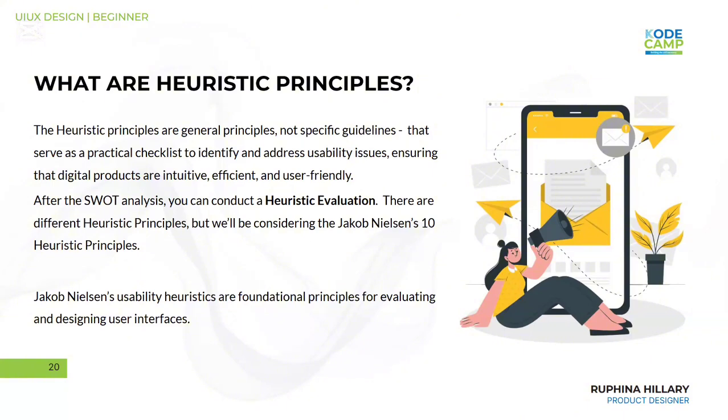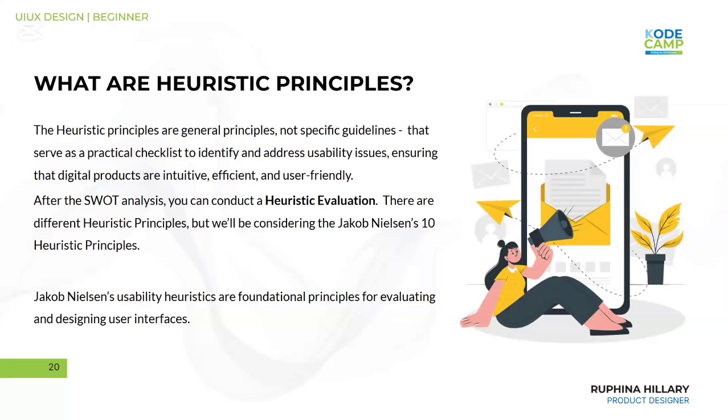So, like this Jacob Nielsen, these are people before us. They have created this checklist. It is a set of 10 laws or 10 principles that our design, or whatever design that is out there, should follow. These are laws that our design should obey, basically.